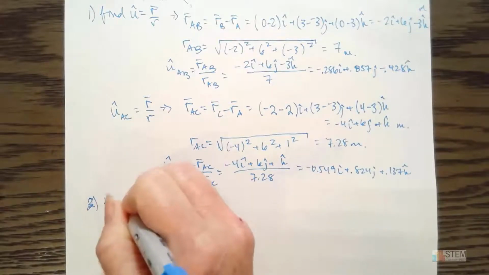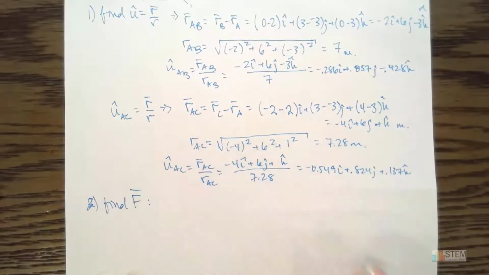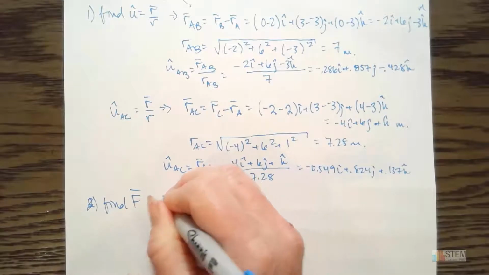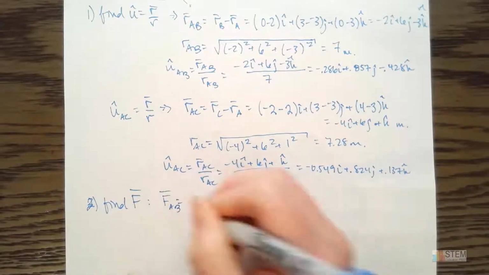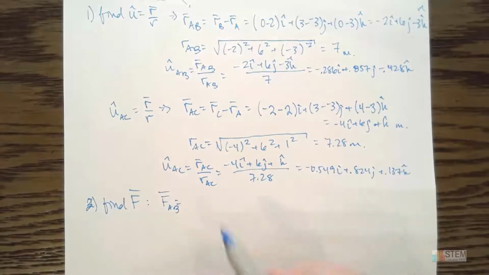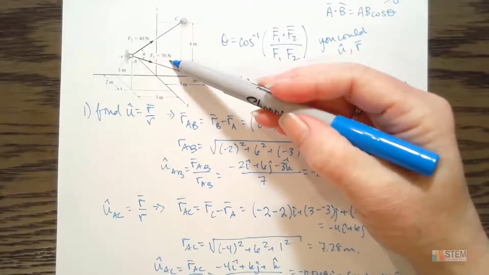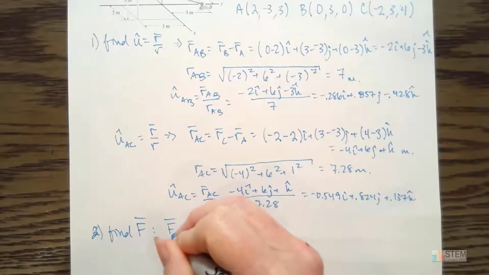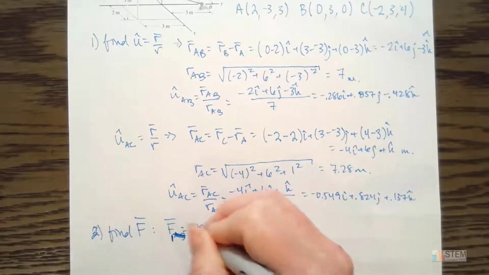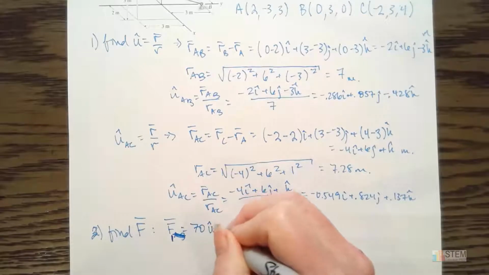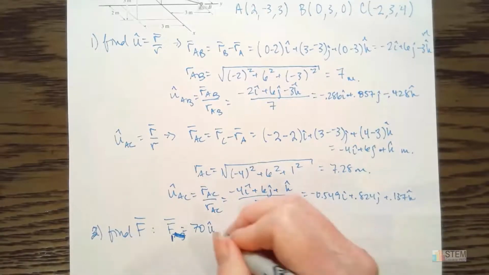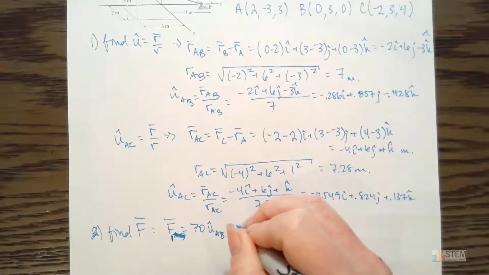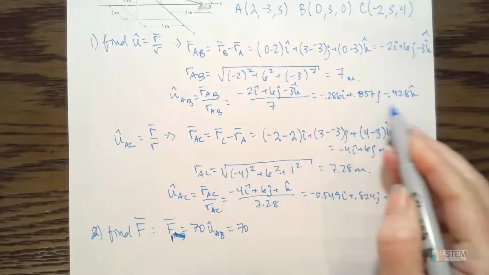Let's find the force vectors. Let's start with AB. FAB, remember how you find a force vector: you take the magnitude of the force times its unit vector. For AB, my magnitude is given as 70. You might want to call this F1; they call it F1 on the picture. So we take 70 and multiply it by the unit vector that represents line AB, so UAB.